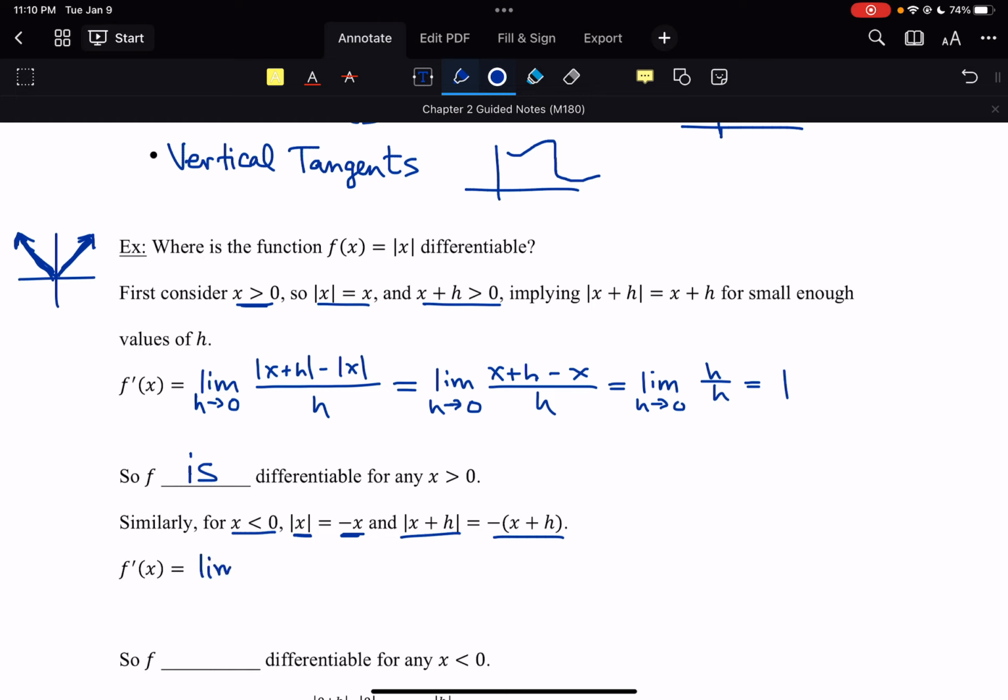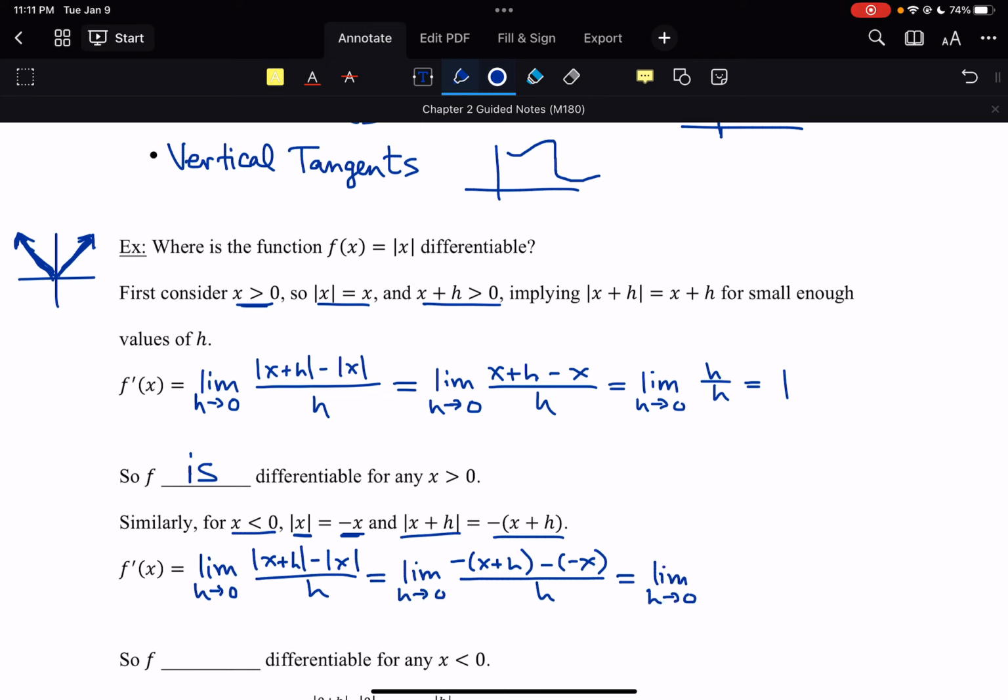So we get our limit as h approaches 0 of absolute value of x plus h minus absolute value of x all over h. That's the limit of negative x plus h minus negative x all over h.